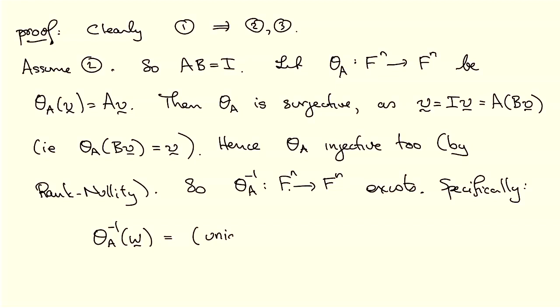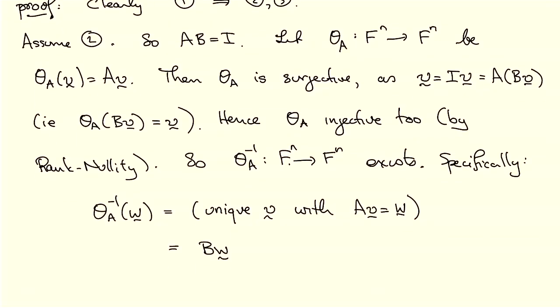This is the unique V with AV equals W, and that's BW. Okay, because BW has that property and it has to be unique, because we know we're injective and surjective. So this is theta B of W, let's say.